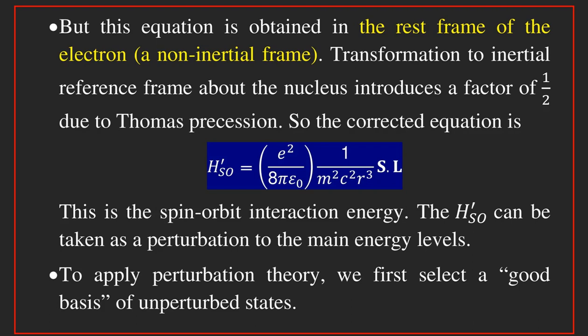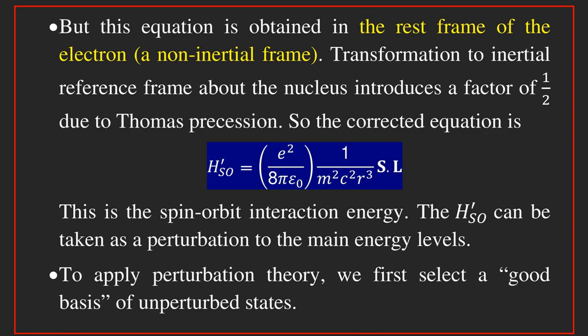It is a non-inertial frame, meaning it is an accelerated frame, so that expression is not correct. Transformation of this equation into the inertial frame introduces a factor of half. It was introduced by Thomas and it is called Thomas precession.